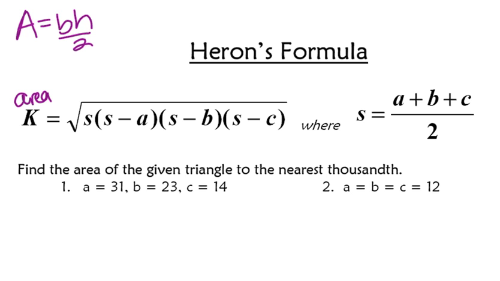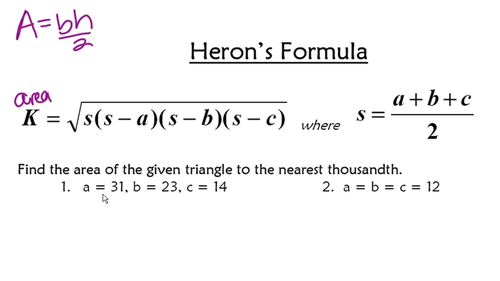It's equal to the square root of S, this value S, times S minus A, which is one side, S minus B, which is another side, and S minus C, which is the third side. The way you get S is you take A plus B plus C, add them together, and divide by 2.